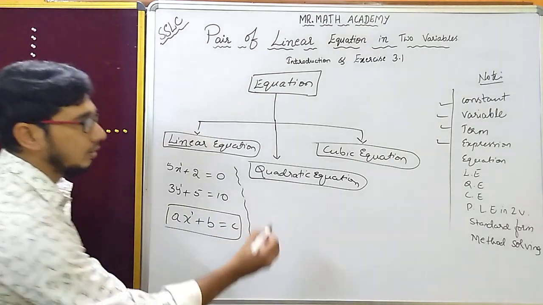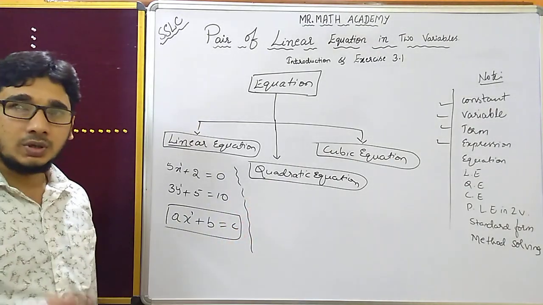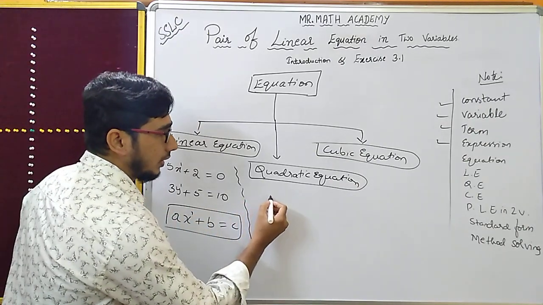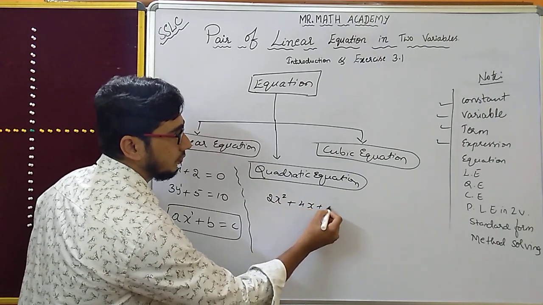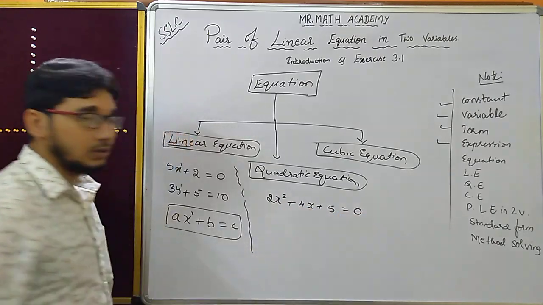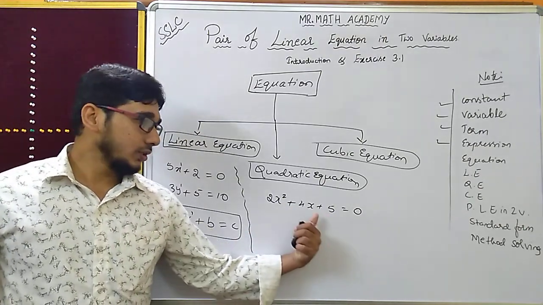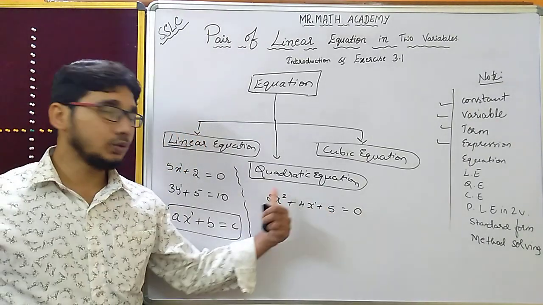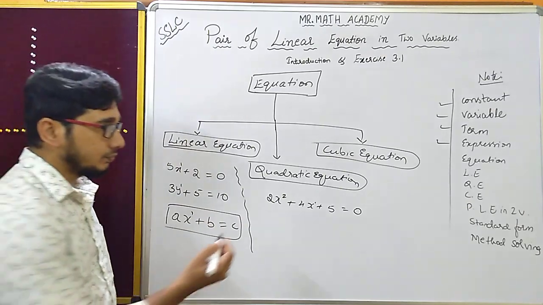Now let us go for quadratic equation. Quadratic means on the variable power should be 2. Let me explain. 2x square plus 4x plus 5 is equal to 0. See here, power is 1, and here power is 2. We have to see the highest power.